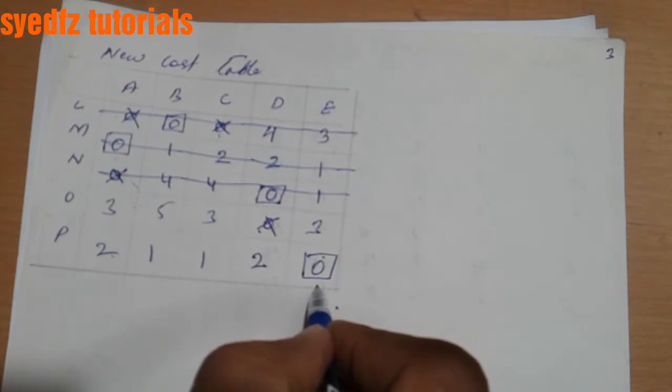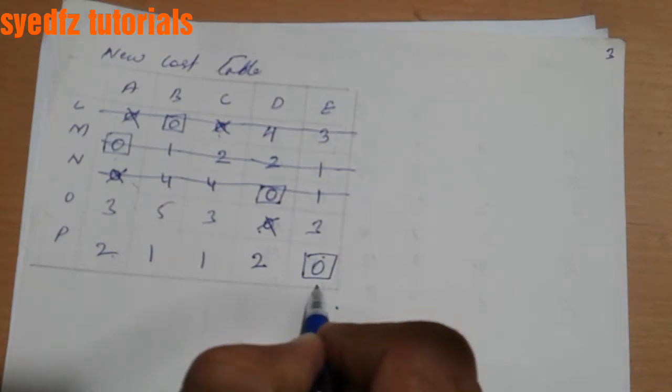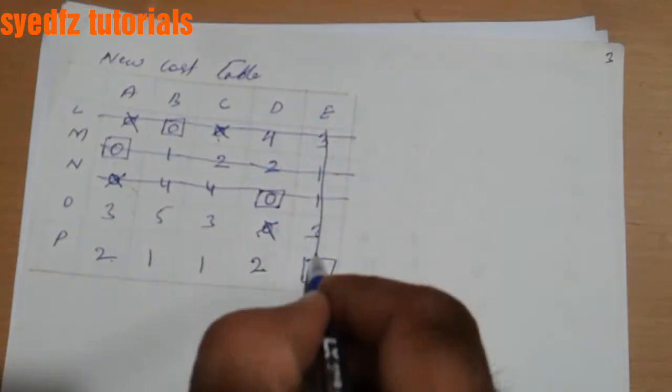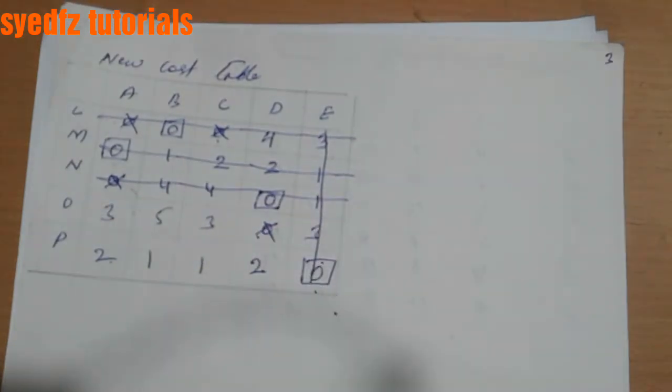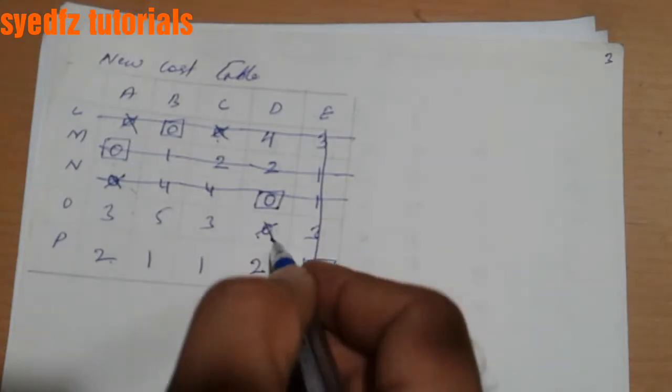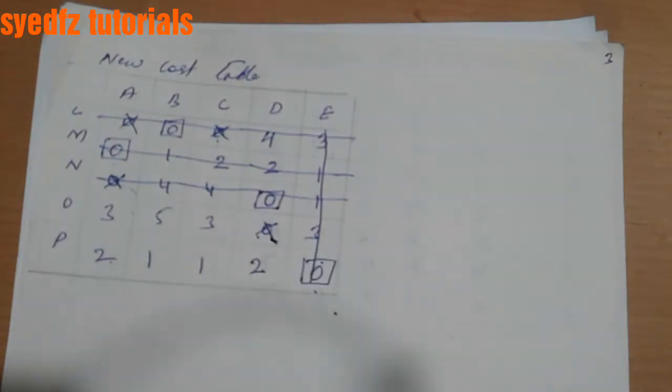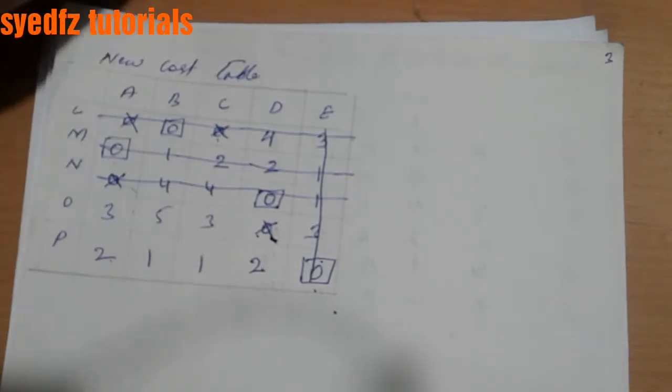This one single 0 also covered. Okay, you can take like this also, but this 0 is not covering. It should also cover. All zeros should be covered.